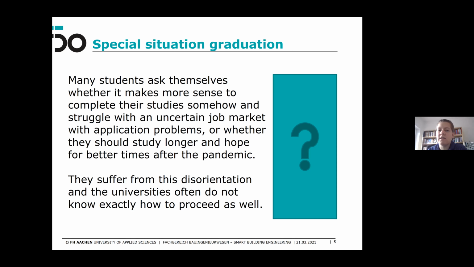And even in university, it's quite hard to give advice on what to do, because no one really knows exactly how to proceed. So it's this, let's call it, waiting imbalance, and no one really knows what is going to be in a few months or next year.